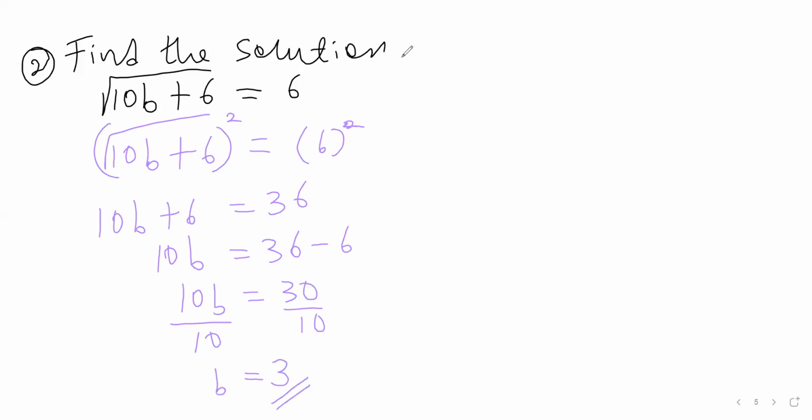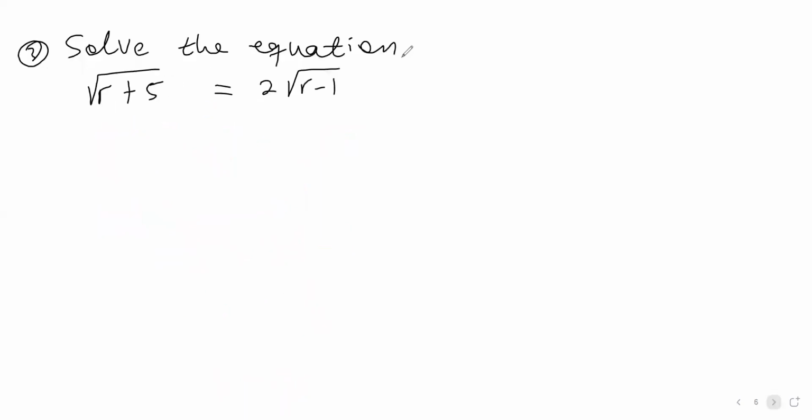All right. b equals 3. Let's move to the next question. The next question is solve the equation radical r plus 5 equals to 2 radical r minus 1.